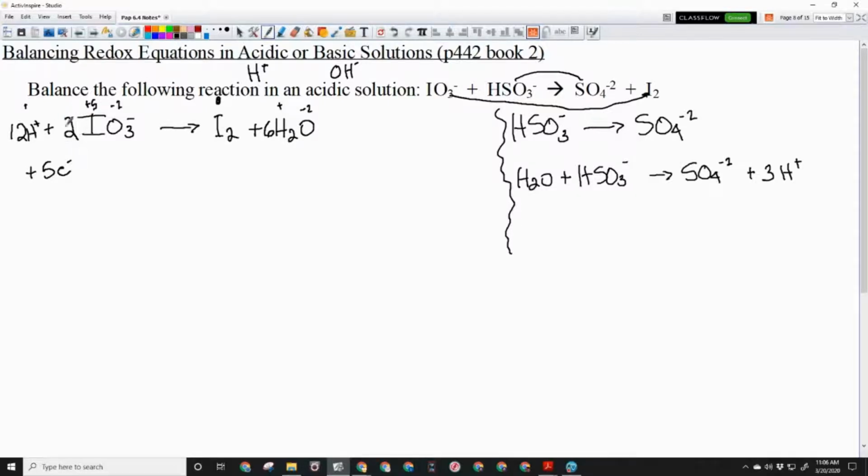We have 2 iodine. So if each one is a +5, the total number of electrons is going to be 10. All right, so adding 10 electrons to this side is going to fix 2 iodines on this side to a 0. Looks like a C. Let me fix that. There you go. All right, so this side has been fixed with the number of electrons.